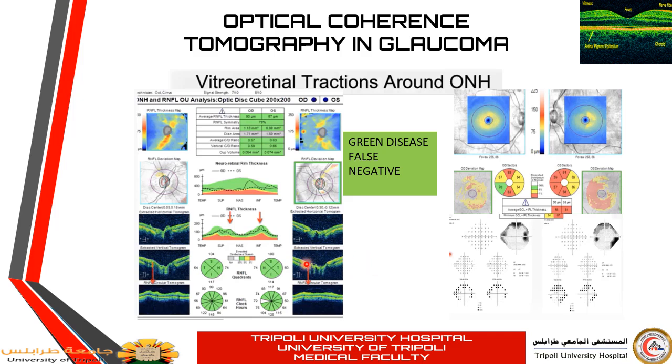However, when we extend our map to the macular area or macular cube, you will clearly see that there is a significant disease with thinning of the nerve fiber layer in the area of the macula. And also in the visual field, you can clearly see that there are changes. So this patient has a significant disease suggestive of glaucoma. However, his parameters are within the green area. This is called false negative or green disease.